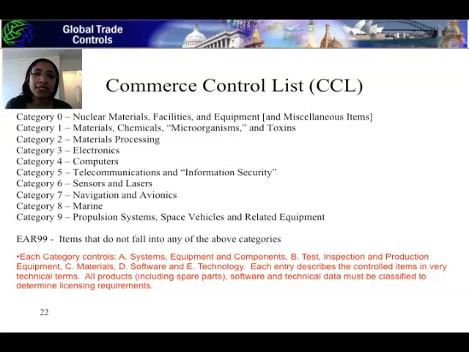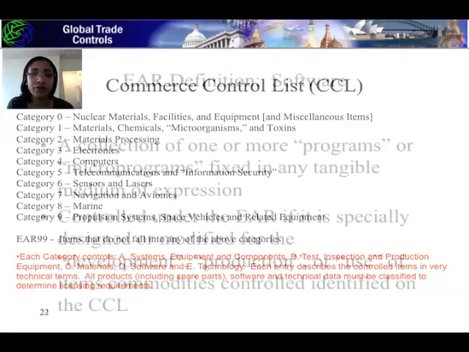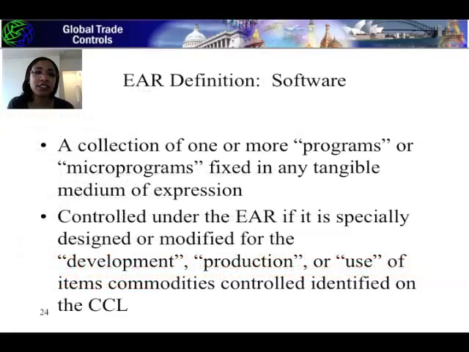The EAR license determination process is a bit different from ITAR. Whereas with ITAR, if your product is under ITAR, you know that you have to get an export license in order to export, with EAR, it depends on the classification. So the first thing you want to do is classify your article or get a classification from the Department of Commerce.